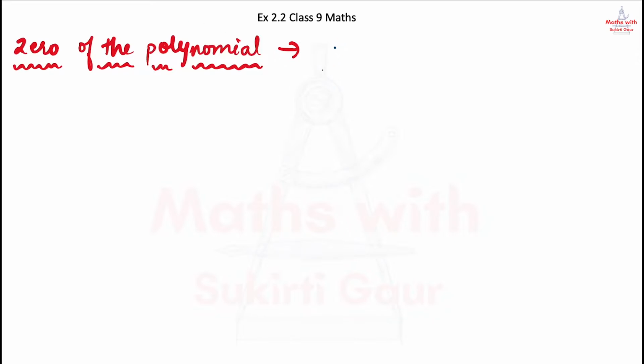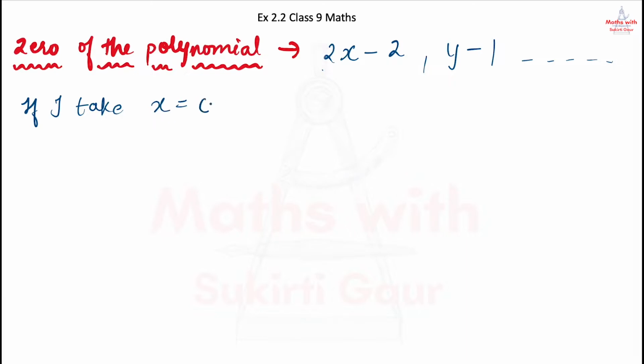Let's suppose we have some polynomials like 2x minus 2 or y minus 1, something like that. Okay, and if I take x equals to 0 in the first polynomial, then what do we get?